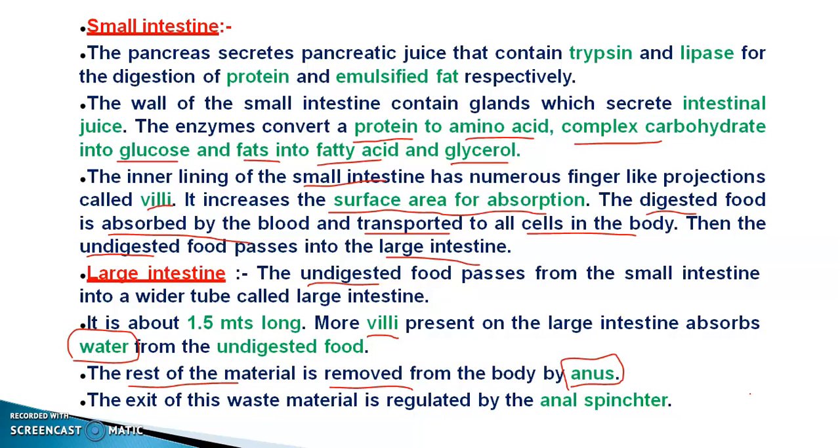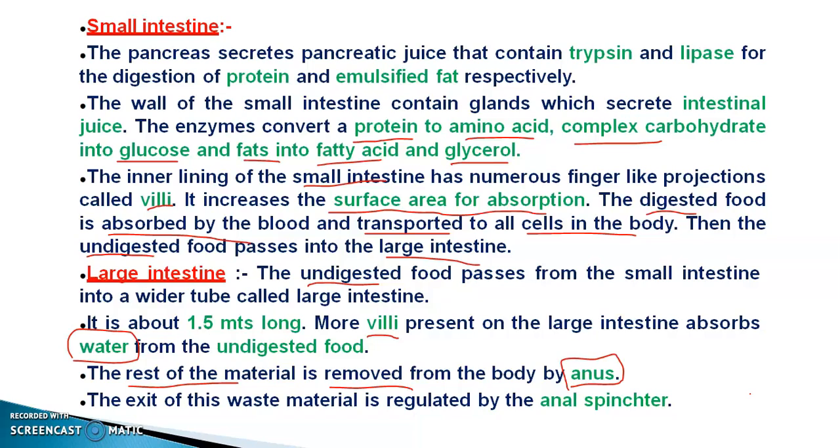Here the bile juice from the liver partially digests the fat, because fat is present in the form of large globules. So these large globules of fat are digested by the bile juice and converted into small globules.